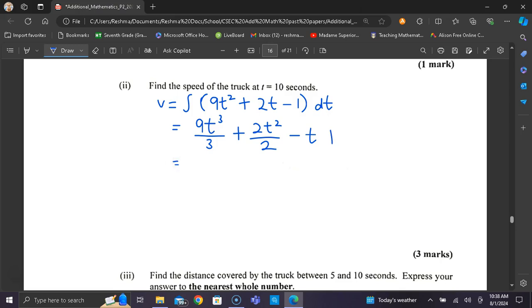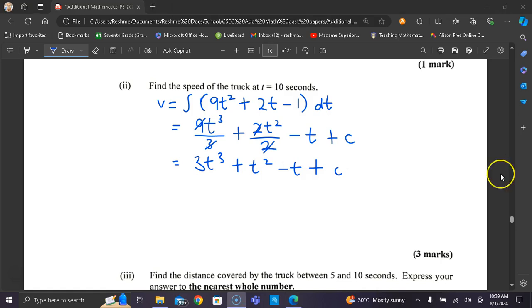Of course, you have to add c. So 3 into 9 is 3. So we get 3t cubed. Of course, 2's cancel here. Alright, so this is the expression that we get for speed.